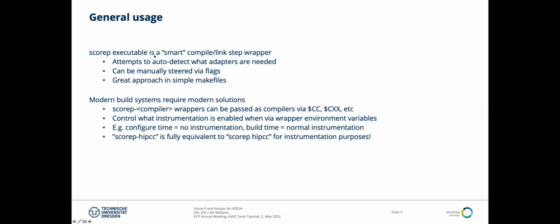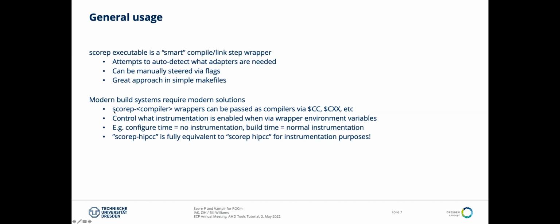And this can be manually steered via flags that are passed to this executable. And when you're working with simple makefiles, this works great. Modern build systems, however, do require modern solutions.